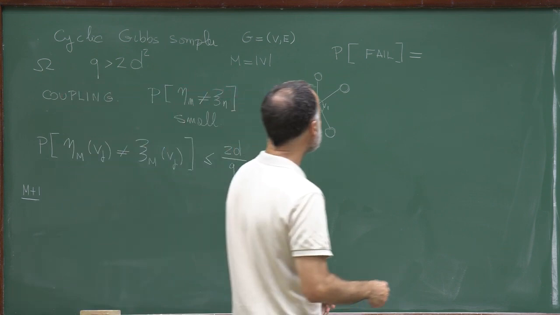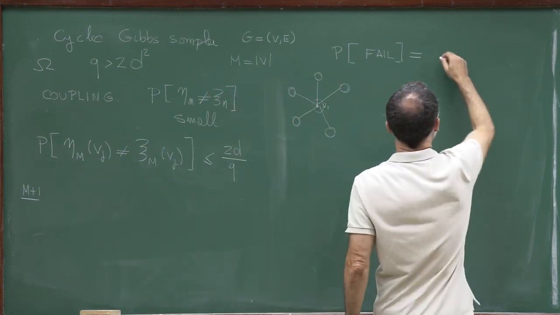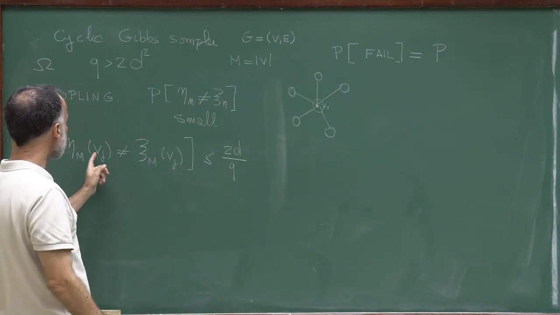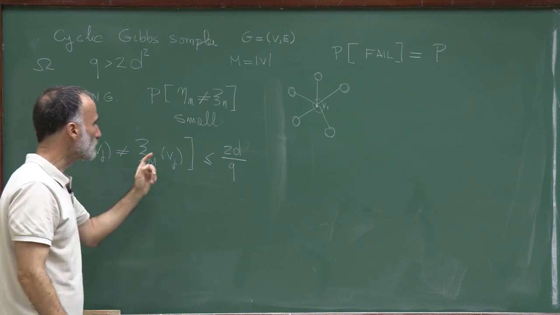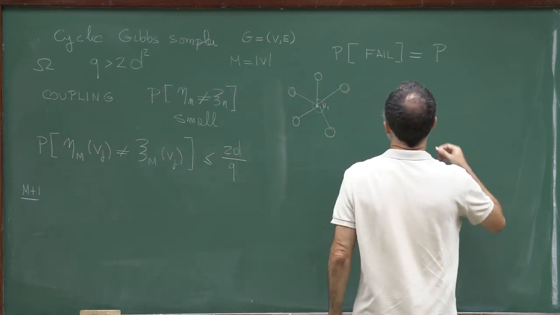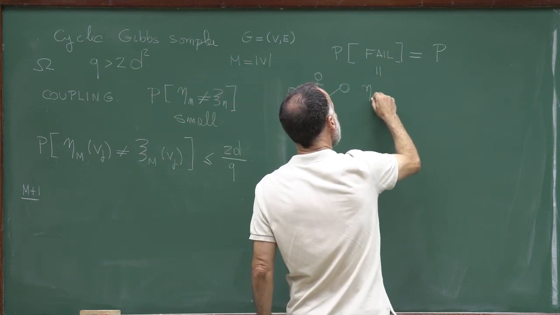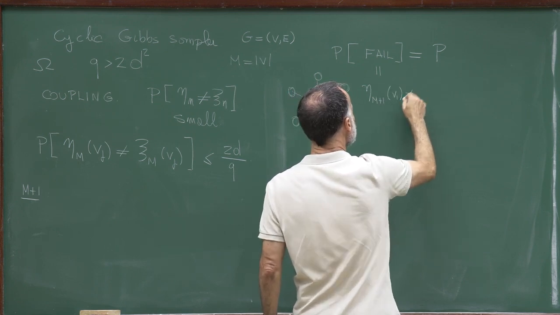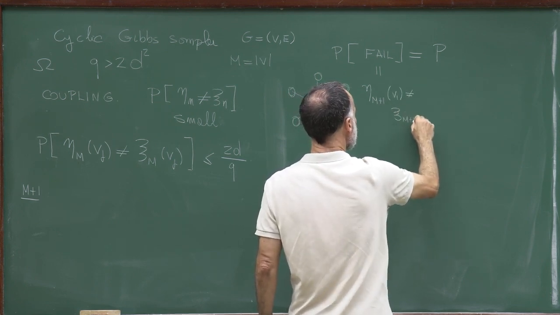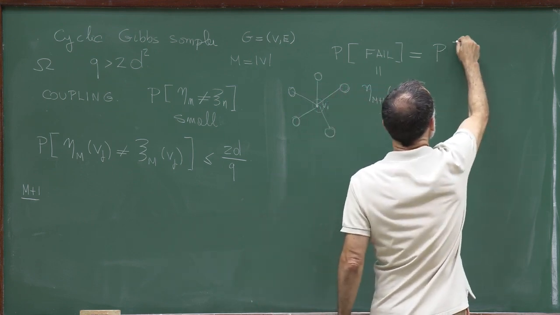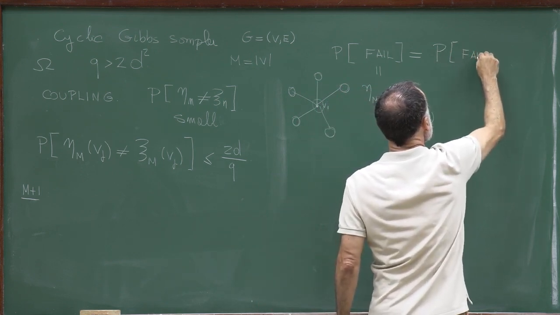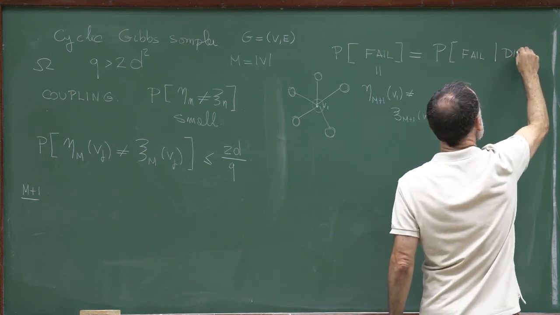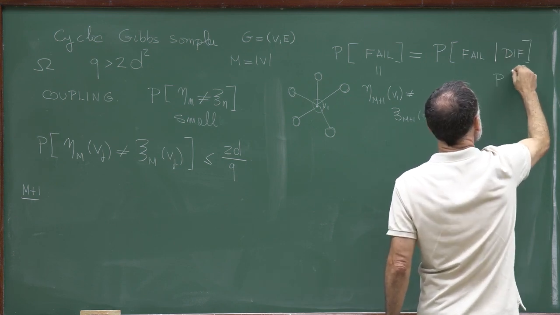So the probability that my coloring fails, and by failing I mean that at time m plus 1 the color at V1 of eta and psi will be different, this is the probability that eta at time m plus 1 at V1 is different from psi at time m plus 1 at V1. It's the probability that I fail given that I have a difference, times the probability that I have a difference.